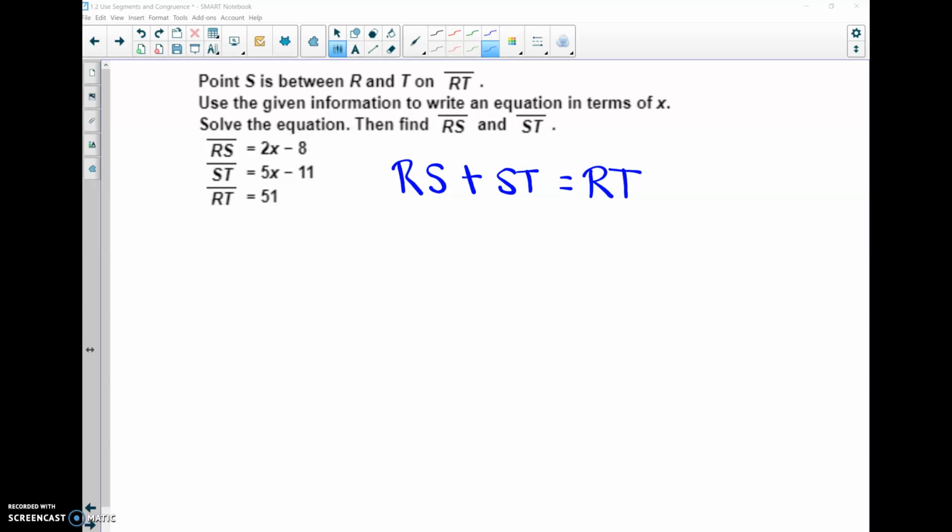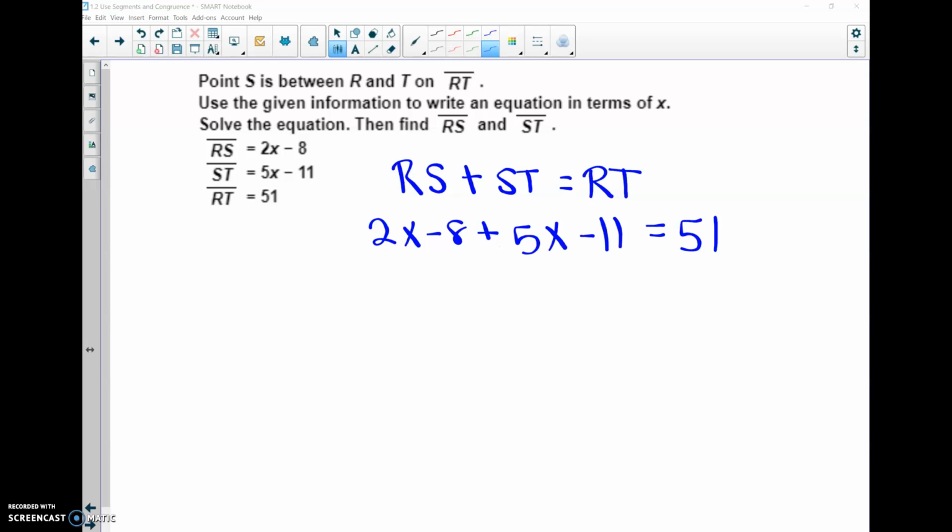Now we are going to substitute in what each of these 3 line segments are equal to for their variable expressions. So RS is 2x minus 8, and fill in the rest.